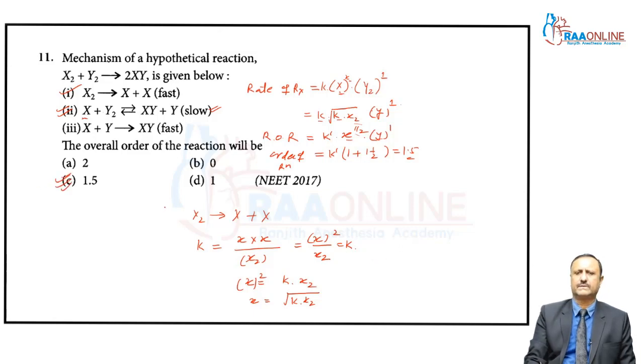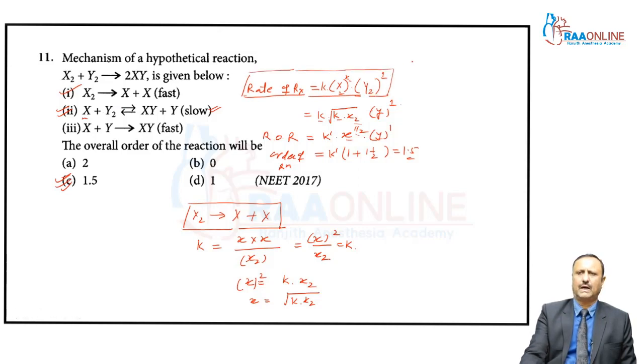Question number 11, you get the answer C. Here in this type of question, my dear students, when equilibrium is present, first of all you put the basic formula, rate of reaction is equal to concentration of reactant. After putting the basic formula, you can see that one of the reactants is present in another reaction, which is a fast reaction, and by this reaction you get the value of that reactant.